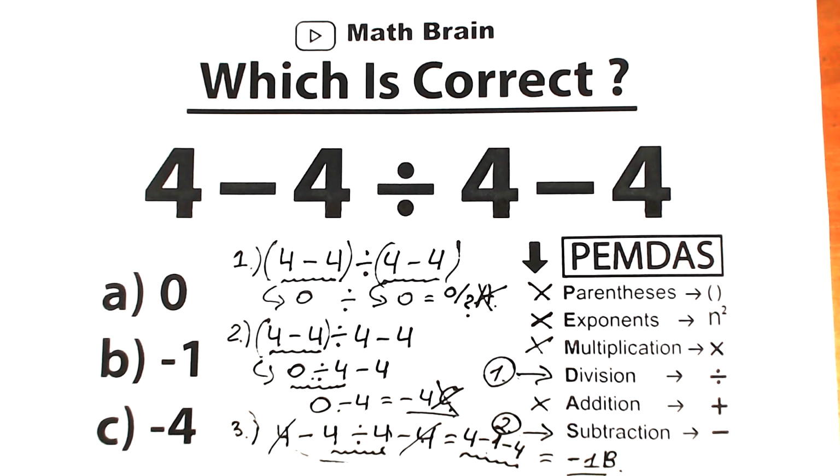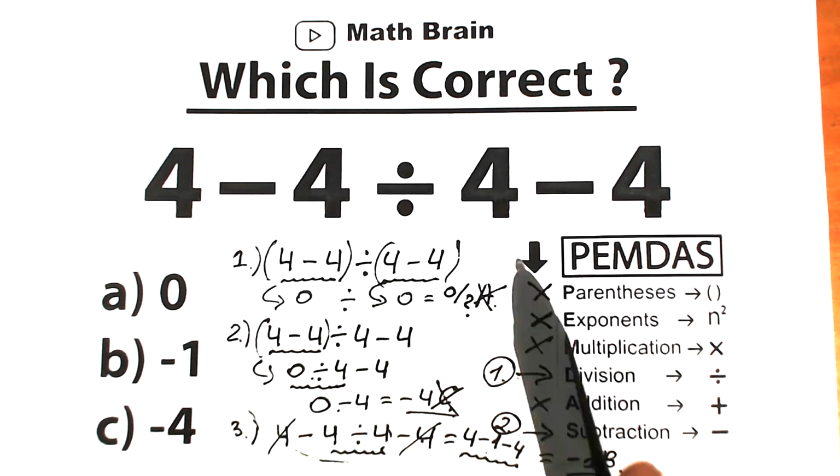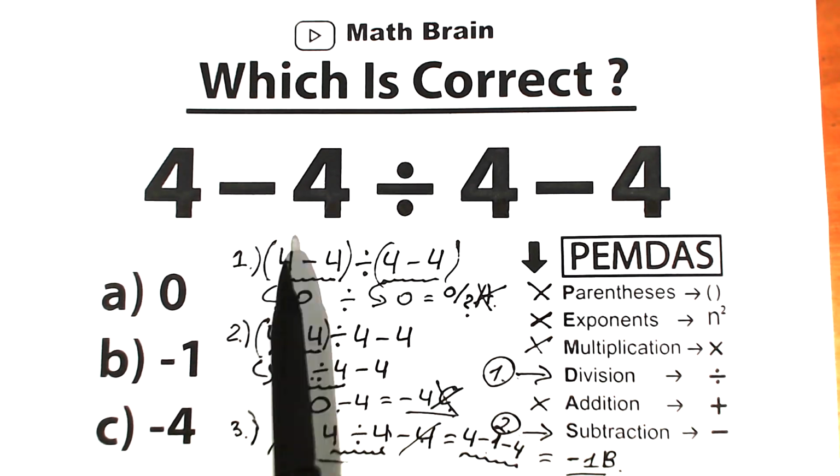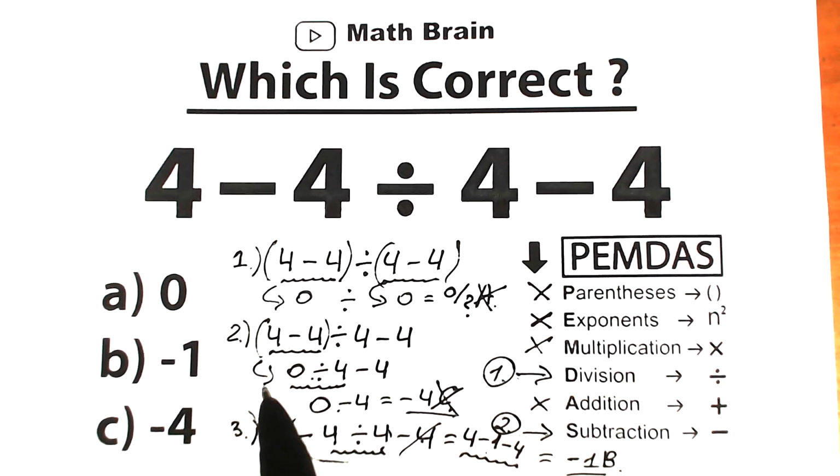So definitely don't feel bad if you got this wrong. If you need help with any of these classes, I have a lot of videos on my YouTube channel. You can easily check this answer in your calculator, for example a graphing or scientific calculator, but don't use a regular calculator, because sometimes those types of calculators work with the problem as you type it in. For example, you plug in 4 minus 4 and your calculator gives you 0, and then it divides by 4, and then -4, so -4.